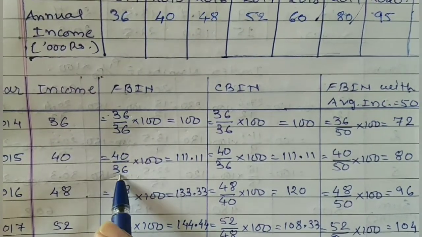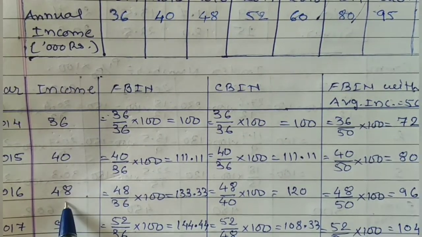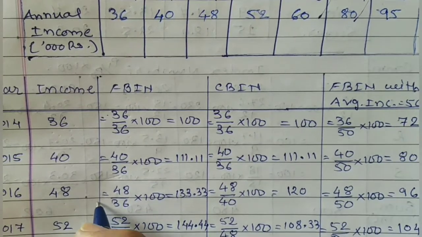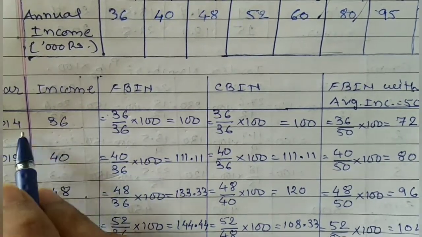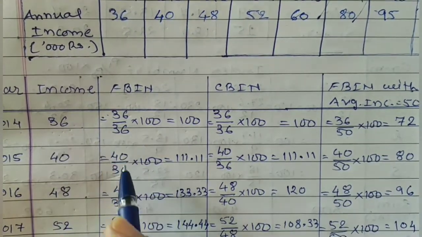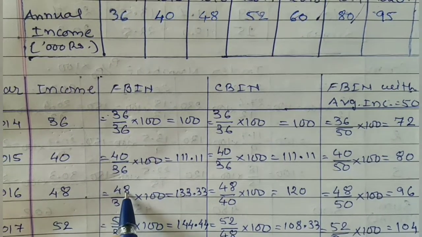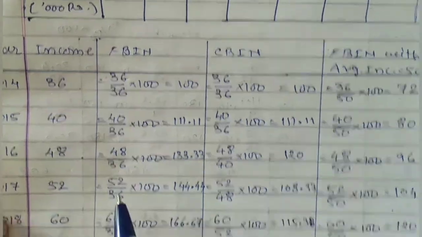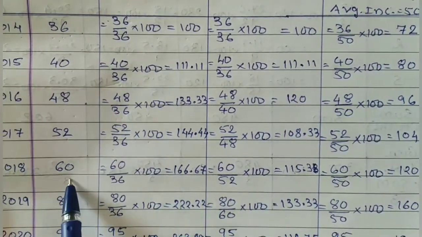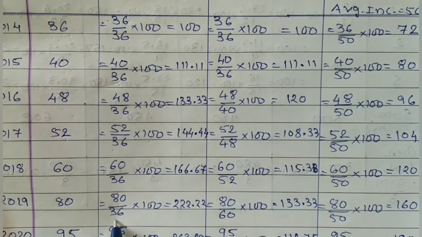Base will remain fixed. For the third year, 2016, price of current year, that is 48, upon price of base year, that is 2014, and that is 36. That means it will remain the same for further calculations also. That's why 48 upon 36 into 100, 52 upon 36 into 100, 60 upon 36 into 100, 80 upon 36 into 100.